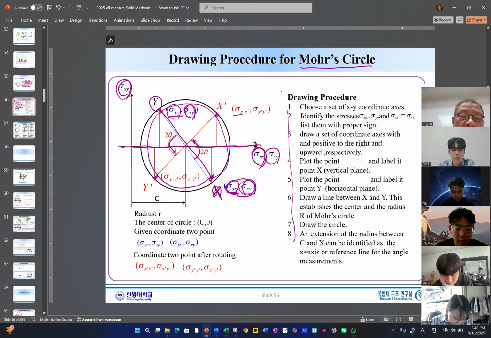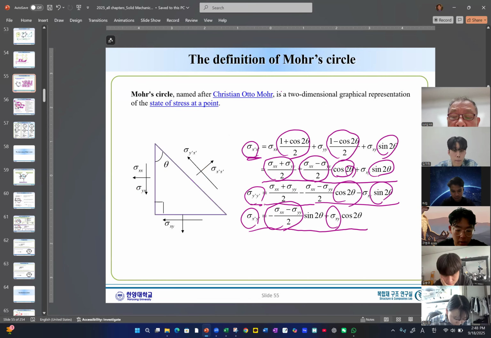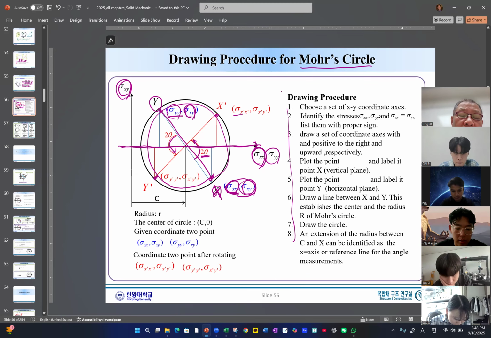Now, say by rotating 2 theta, not theta, the reason being that we have all the 2 theta, you get the new coordinate, which can be called x prime and y prime. So this xx becomes this, and xy becomes like that.